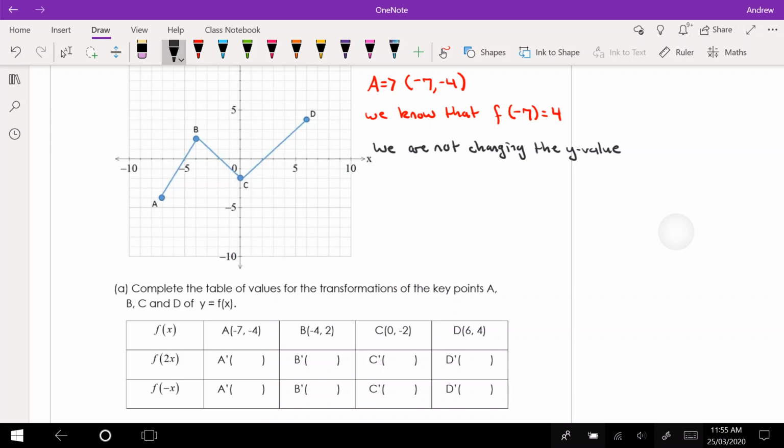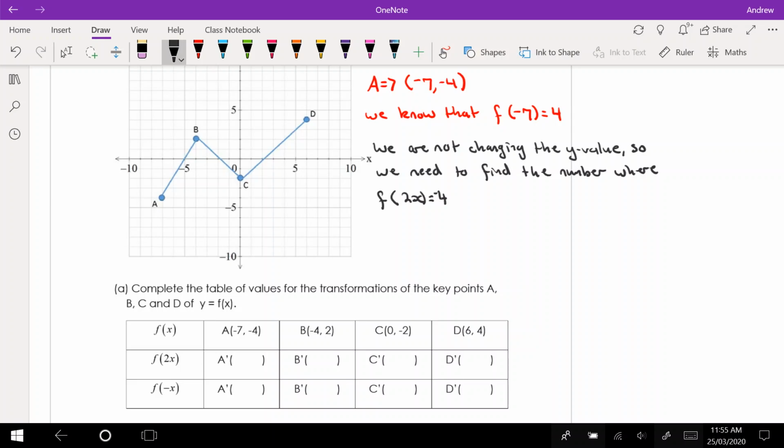So we need to find the number where f of 2x is equal to -4.